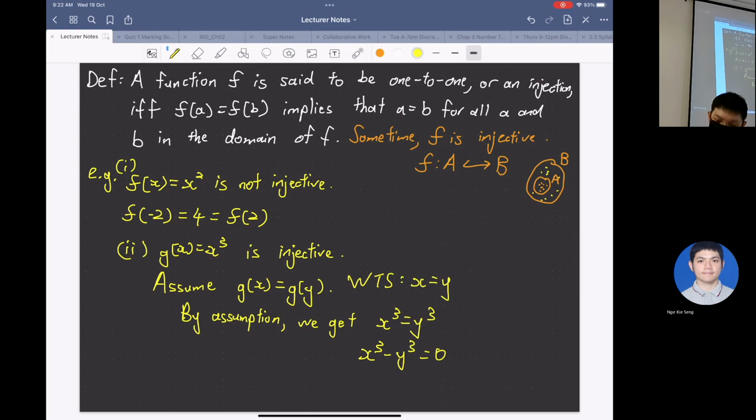You want to factorize what? x minus y. Right.